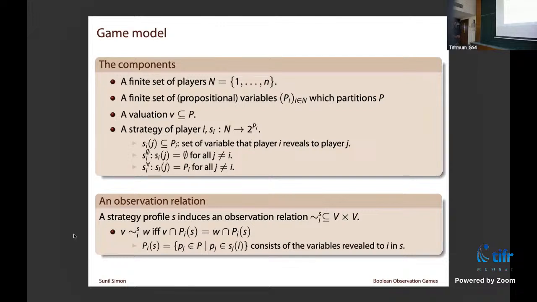It is the set of all propositions that somebody shows, so the union over all j, and your own.